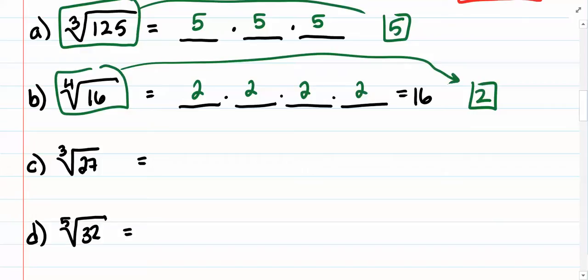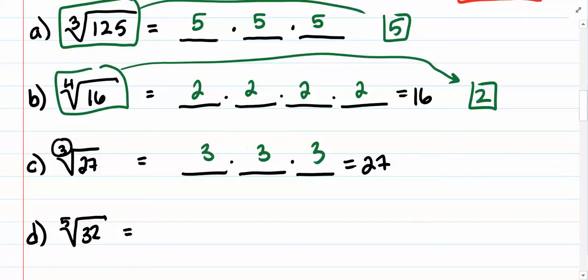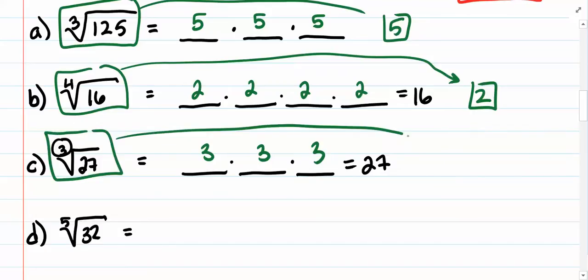Example C says the cube root of 27, so I'm looking for a number that multiplied by itself 3 times gives me 27. That number is 3, because 3 times 3 is 9, times 3 is 27. Therefore, the cube root of 27 is the number 3.